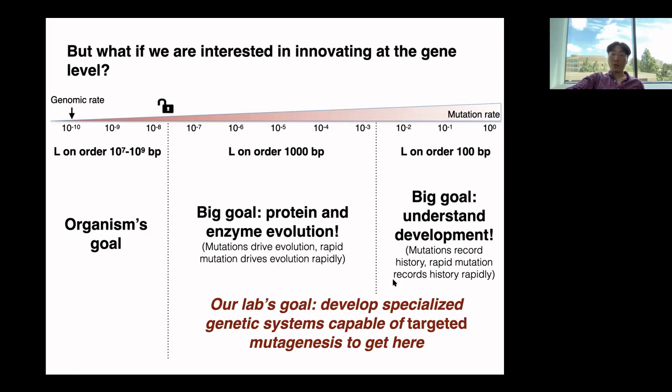And the way that this will occur is through what we would call targeted mutagenesis, where, of course, because this is kind of a law, we can't just break it, but we can circumvent it if we can direct mutagenesis to only be fast at a particular gene or at a particular locus, so that we can avoid trashing the entire genome, but work only on the smaller systems that we're interested in, which afford the ability to have higher mutation rates.